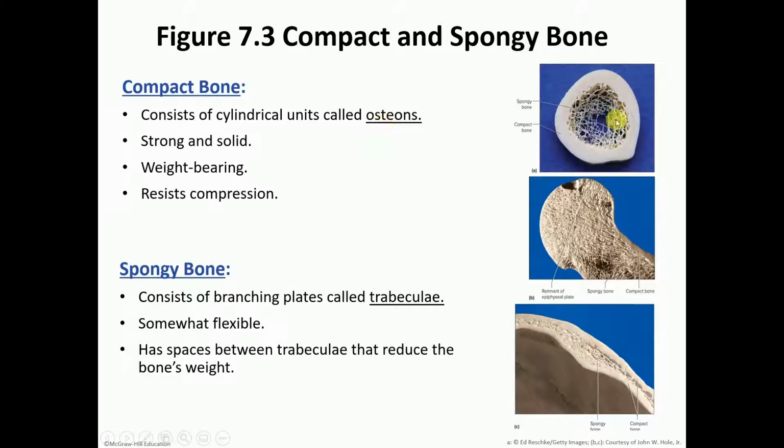Spongy bone, on the other hand, is made out of these trabeculations, so they are called trabeculae. It is a little bit more flexible. They do have these spaces, and these spaces are full of red bone marrow. As we age, though, the red bone marrow tends to get replaced with fat. Okay, and that is why the amount of blood cells tends to change as we age.